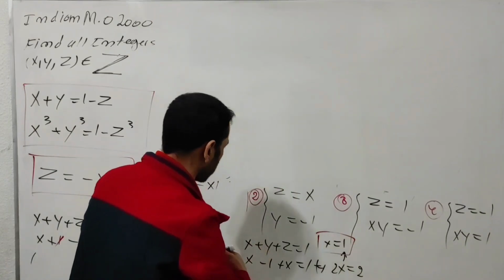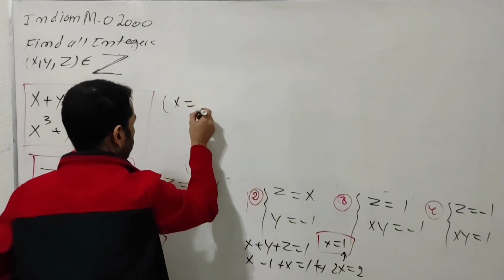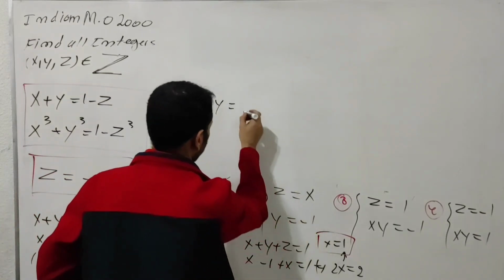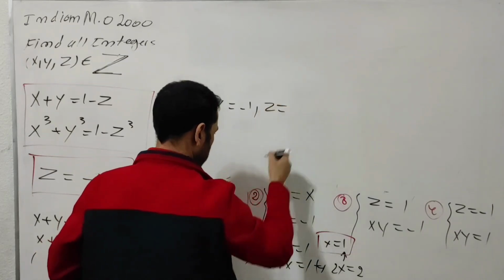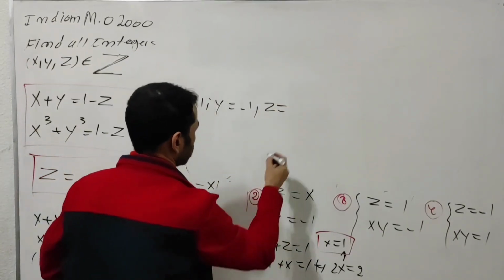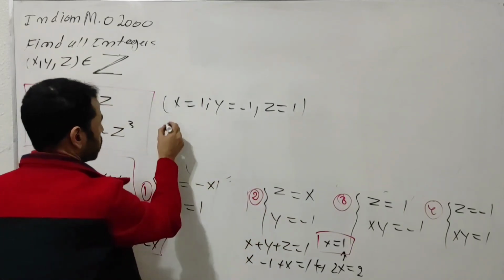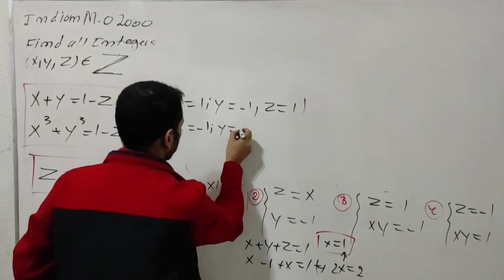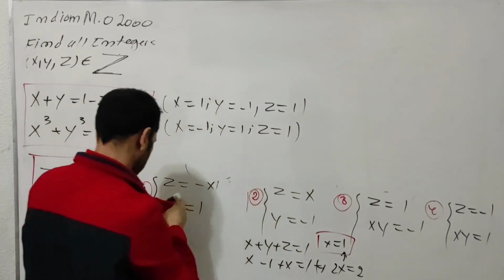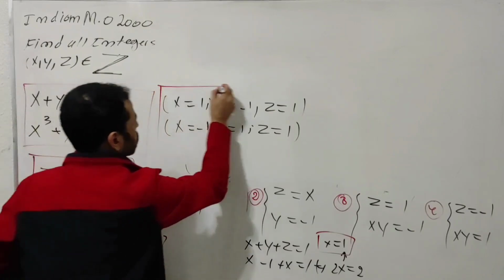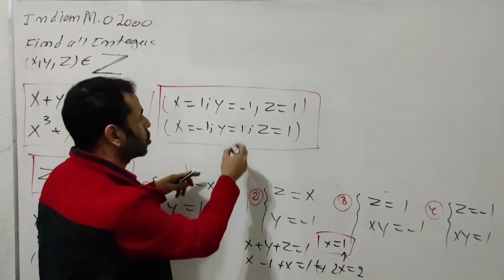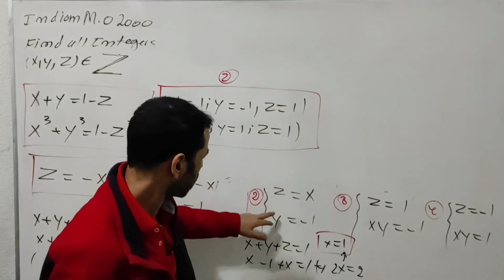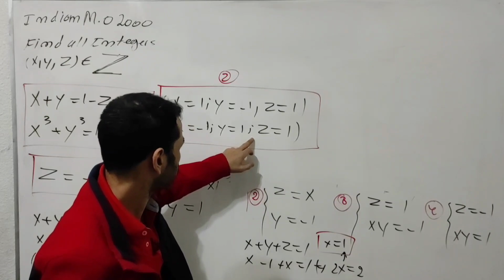So we found the first solution: x equals 1 and y equals minus 1, and z equals x, which is 1. By symmetry, we also take x equals minus 1 and y equals 1, and z will be the same. So here are the first two solutions. They come from equation number 2. Equation number 1 was eliminated, so I am done with equation number 2.